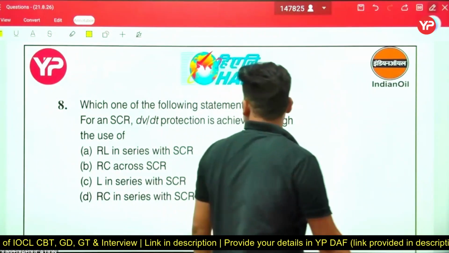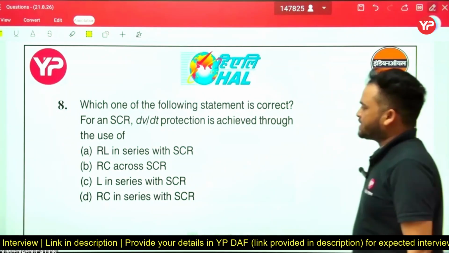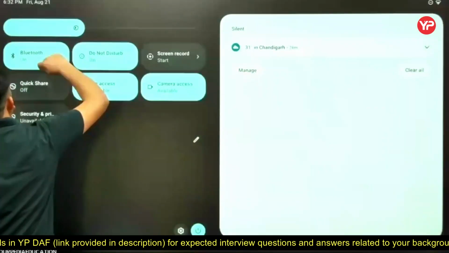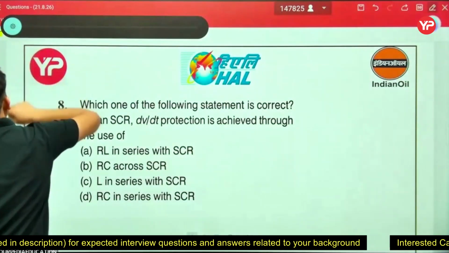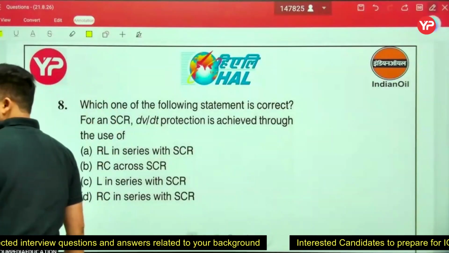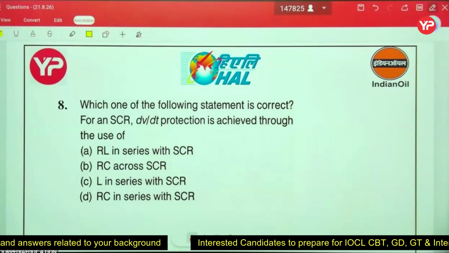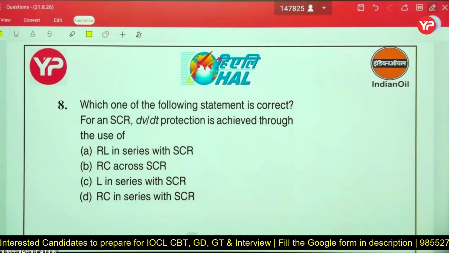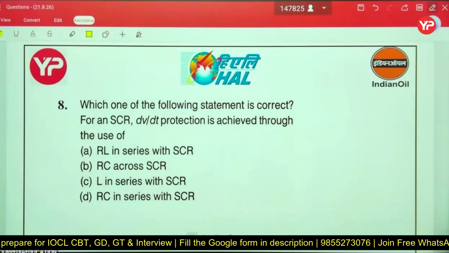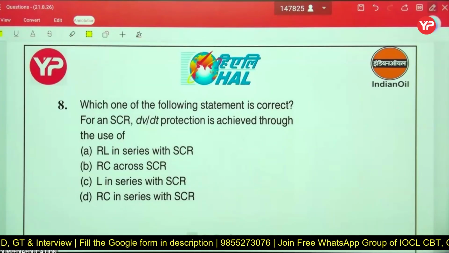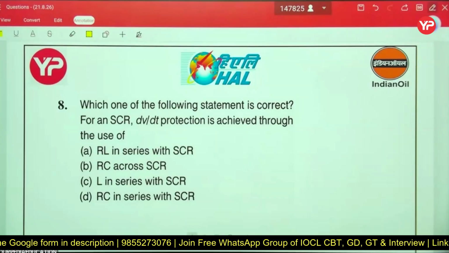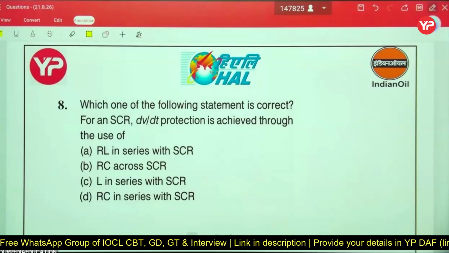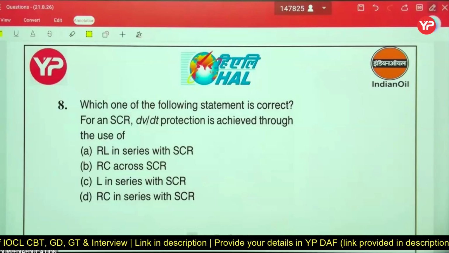Now see, which one of the following statements is correct? For an SCR, dV by dt protection is achieved through the use of. Yes, B is the right answer.